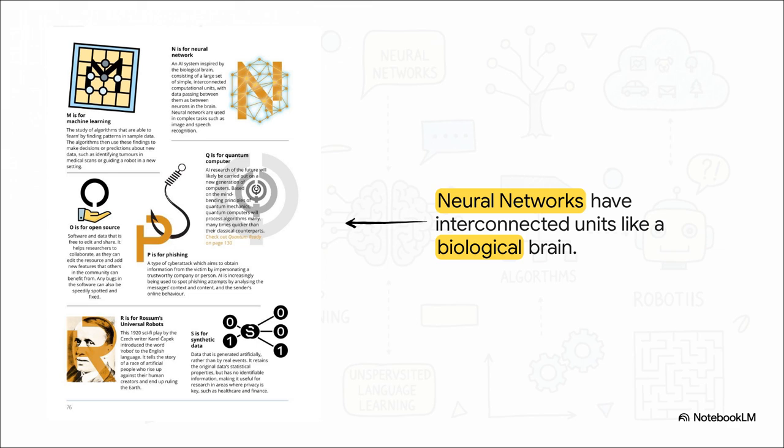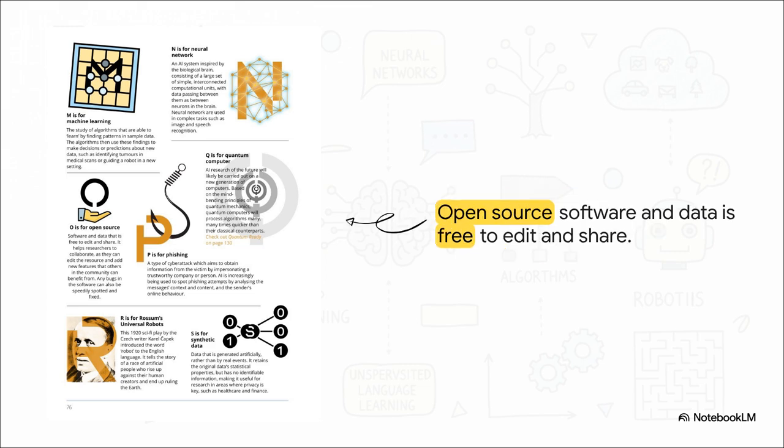Inspired by the biological human brain, a neural network is a massive web of interconnected computational units, or nodes. Data passes between these units, activating different pathways, just like neurons firing in your brain, which allows the system to process incredibly complex inputs like speech and imagery. It's also worth noting that much of the neural network research driving today's tech landscape is completely open source.